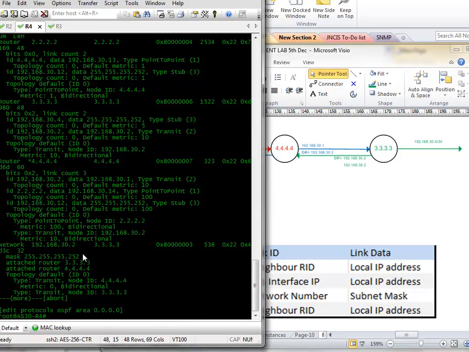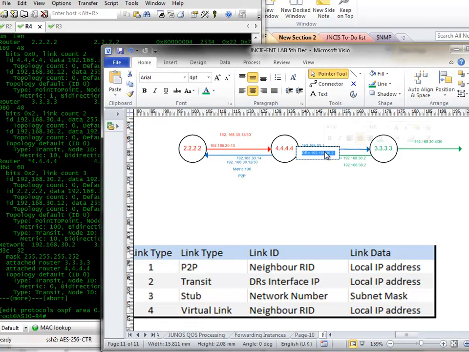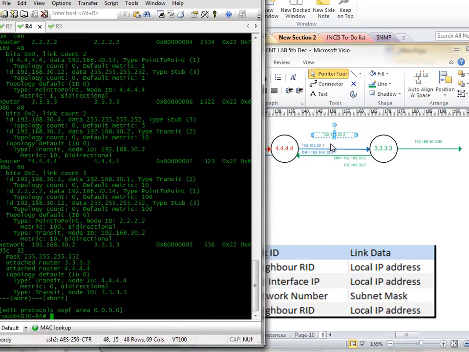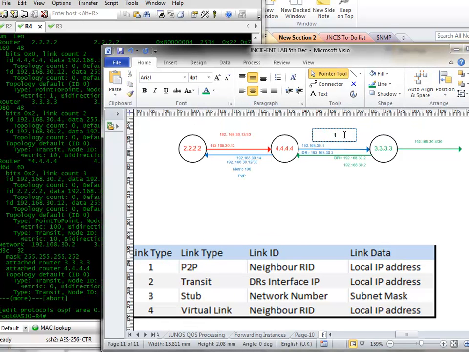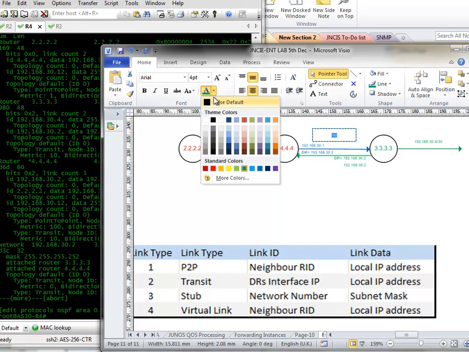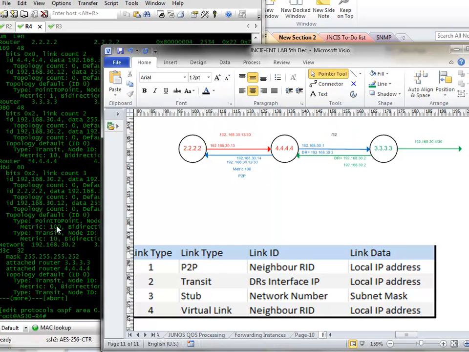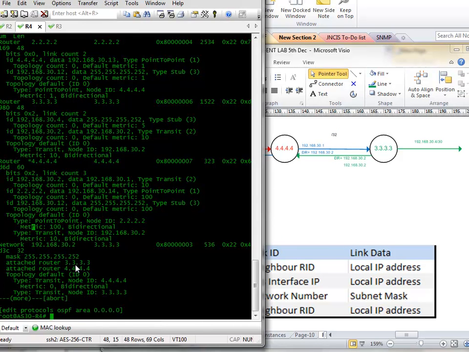So you can see here it's saying, aha, we have a mask of a /32 in this network, and we can look here, it's saying the attached routers to this network are 3.3.3.3 and 4.4.4.4, and that's it really.